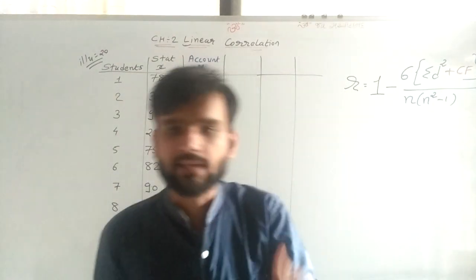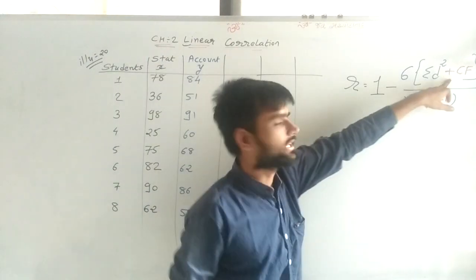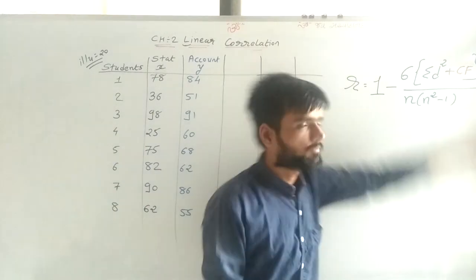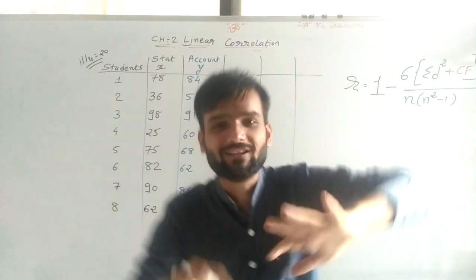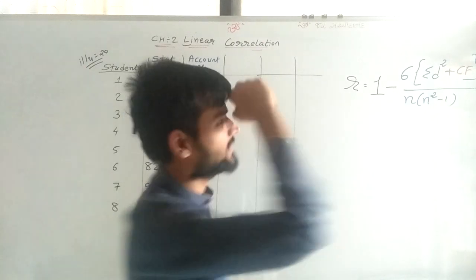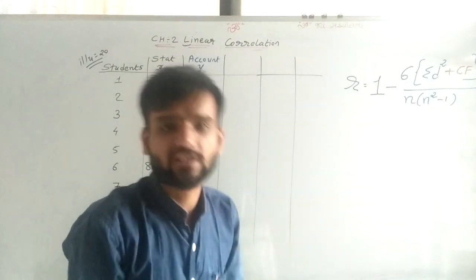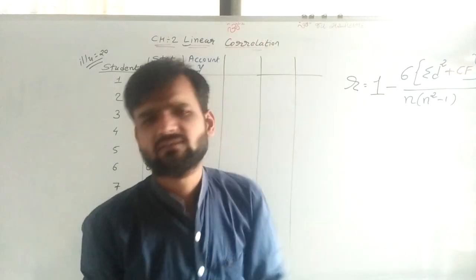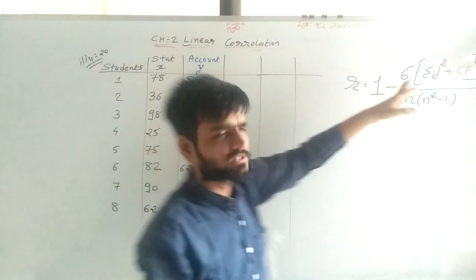In some cases we are not writing CF, and in some cases we are writing CF. But as per Kamal sir, in all situations of sums, write the formula with CF. Then the sum becomes easy. Don't worry whether CF is written or not.